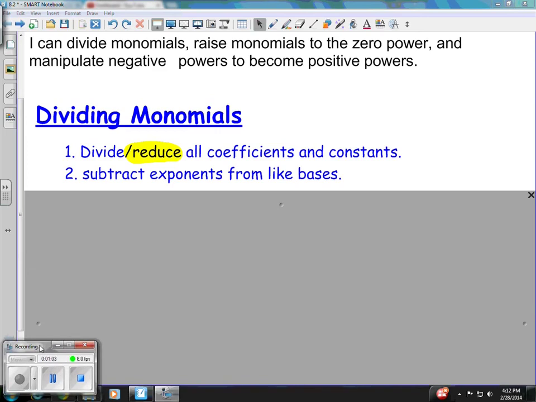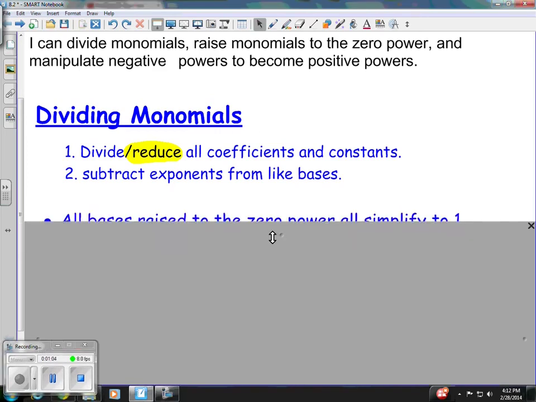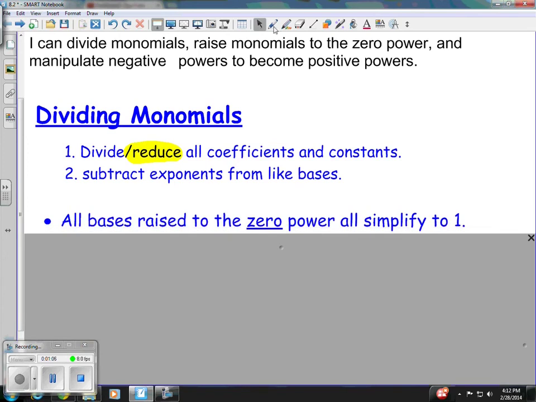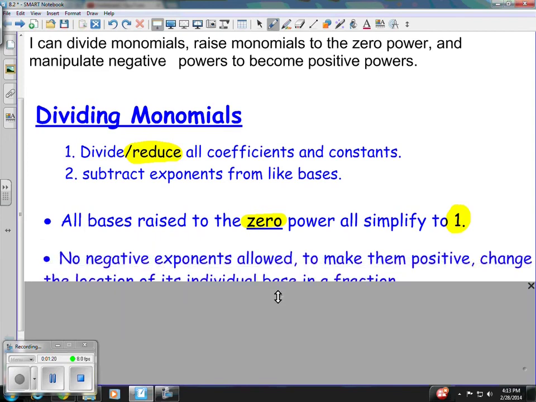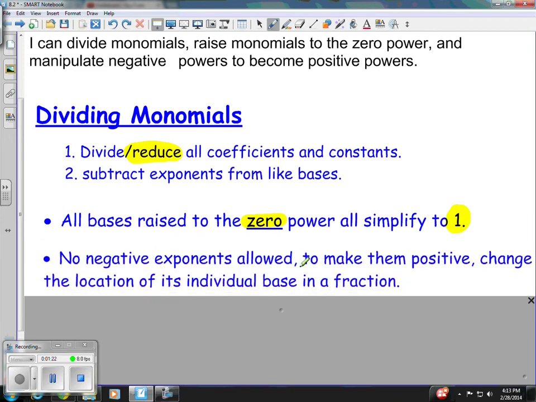Now, two quick rules to write down next are that all bases raised to the zero power simplify to 1. So that means anything and everything raised to the zero power will simplify to 1. And lastly, no negative exponents allowed.